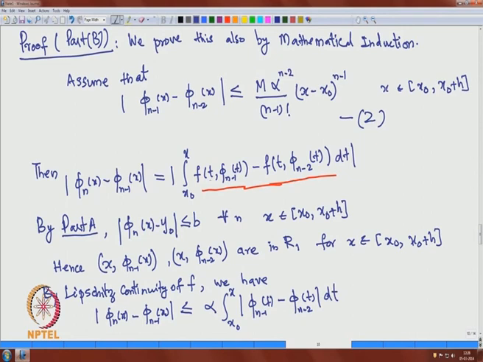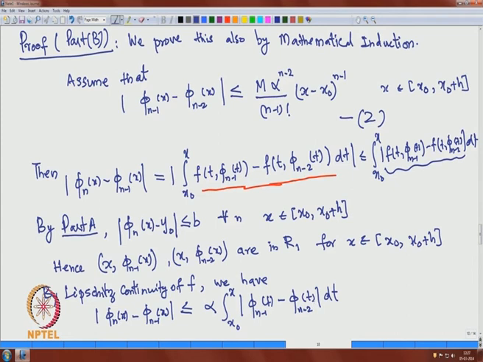So, here, obviously this is less than or equal to the integral from x0 to x of f of t, phi n minus 1 t minus f of t, phi n minus 2 t dt, and applying the Lipschitz continuity, and the Lipschitz constant is alpha. So, therefore, alpha will come out: alpha times the integral from x0 to x of phi n minus 1 t minus phi n minus 2 t.